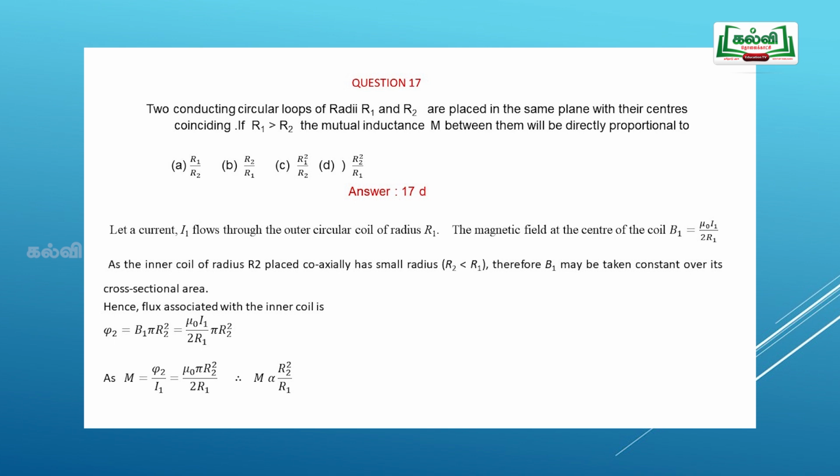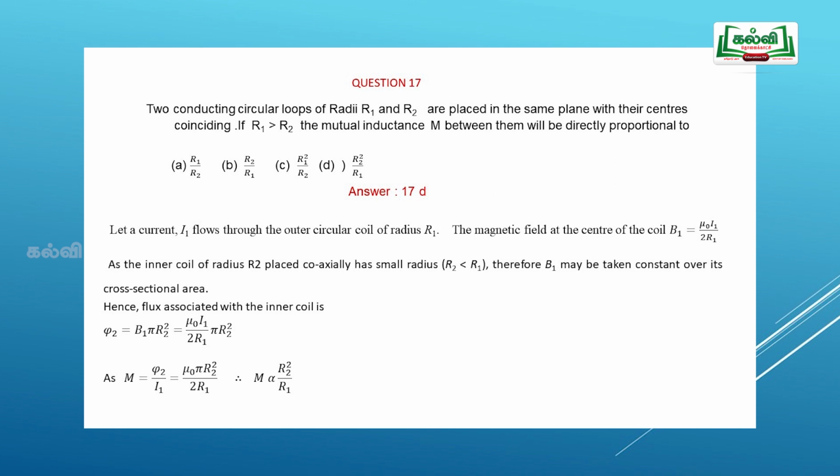Now, you get the flux linked with the smaller coil by using the basic formula for magnetic field at the center of a circular coil and the definition of flux, φ equal to BA. And you also define φ equal to MI, based on the mutual inductance property. For φ equal to BA, you have calculated B1 into πR2². φ equal to MI, so M is equal to φ2 by I1.